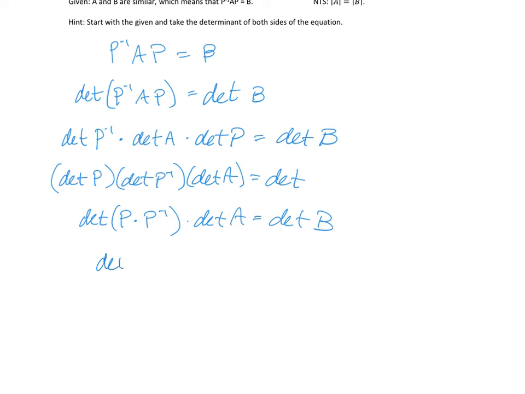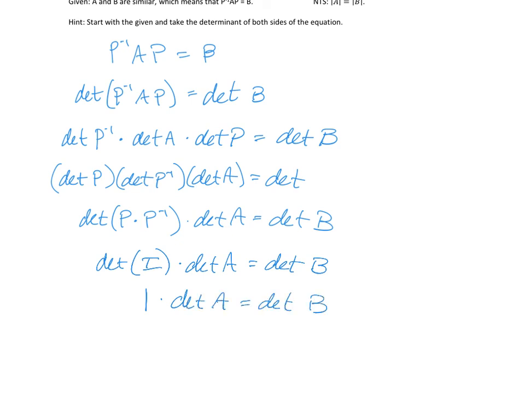So this is the determinant of I times the determinant of A equals the determinant of B, and the determinant of the identity is 1. So we've proven it. 1 times the determinant of A is the determinant of A.